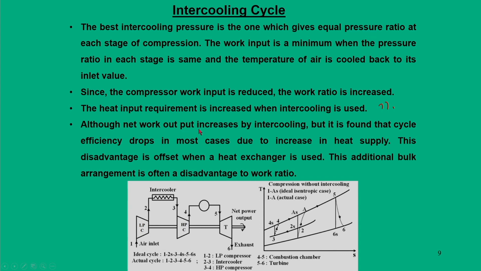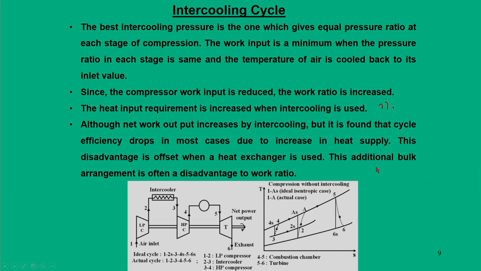Although the net work output increases by intercooling, it is found that cycle efficiency drops in most of the cases due to increased heat supply, because we need some kind of circuit that takes out this heat from the compressed air. So, we need an intercooler circuit. That means you need another additional device that must take this heat.